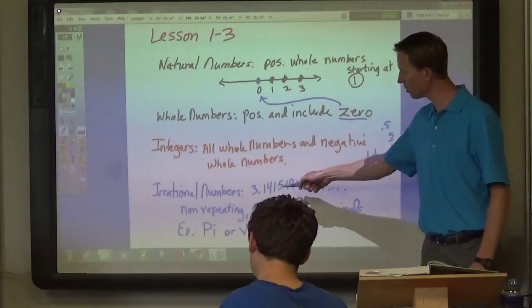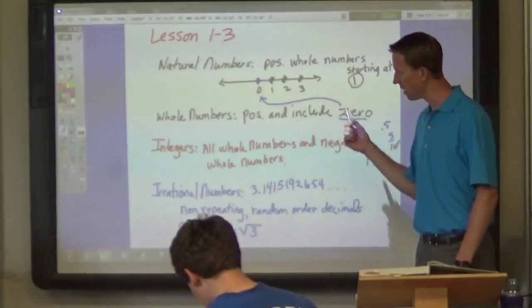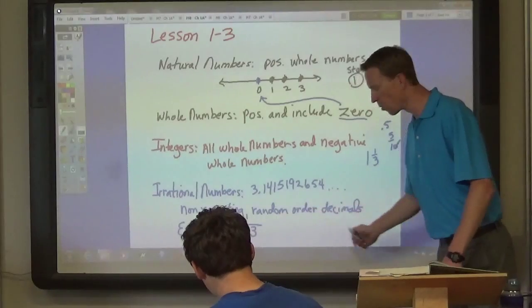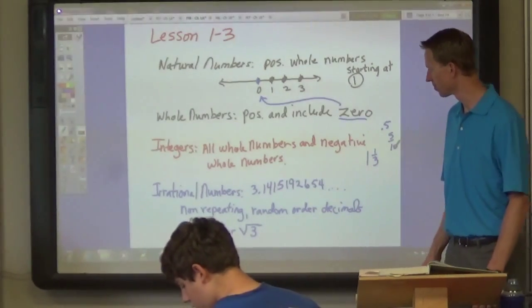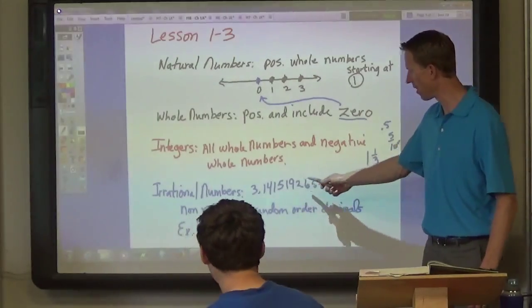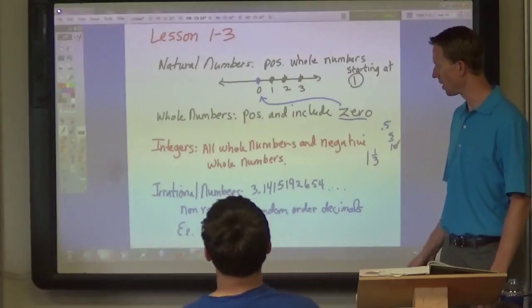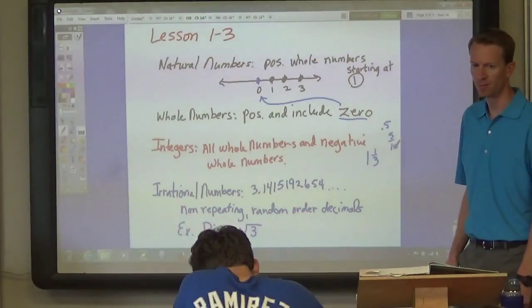But irrational numbers are numbers you cannot write as a fraction because they are non-repeating, random order decimals, like pi. 3.1415926, etc. Okay, or the square root of a number, like the square root of 3.